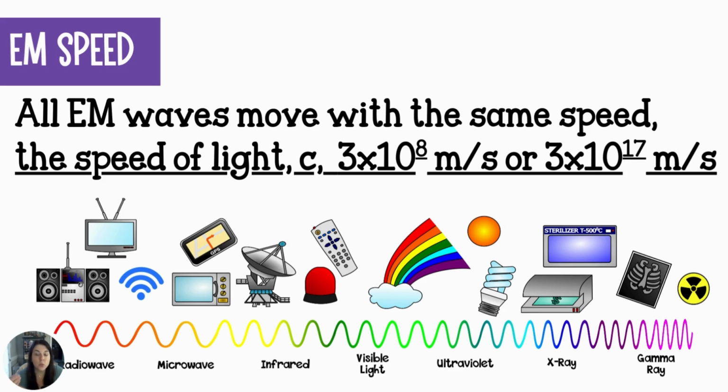Now, these waves can slow down if they are moving through a different medium. Typically, that's going to be something like water or glass. Waves can do some really funny things when they switch mediums. You've probably seen it before in real life: if you have a glass that has a straw in it and you are looking at the straw in water, it'll look like the straw is broken and detached from itself, right?